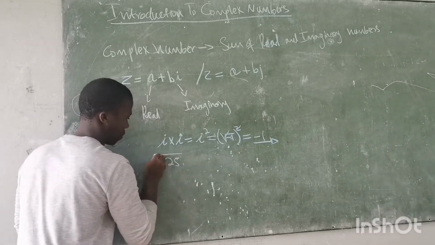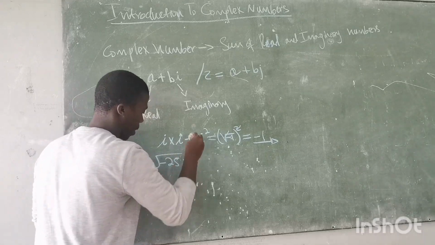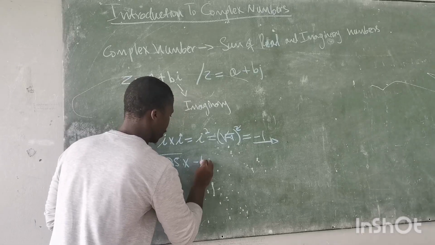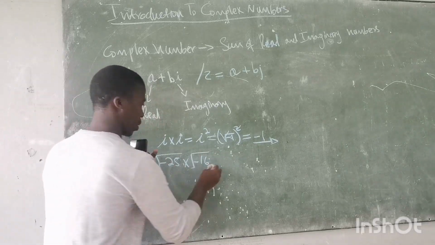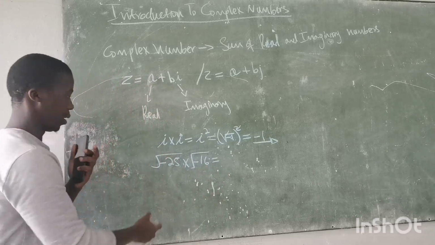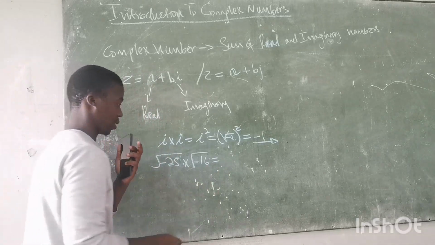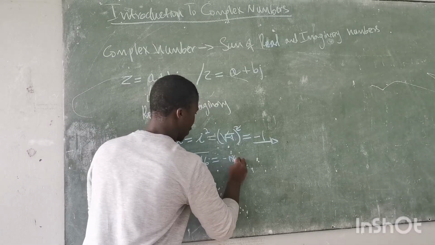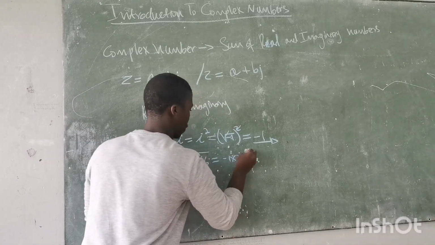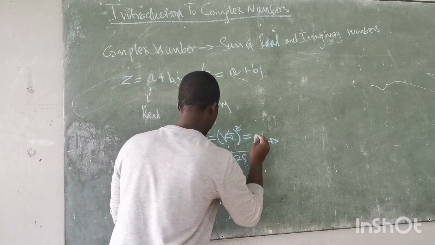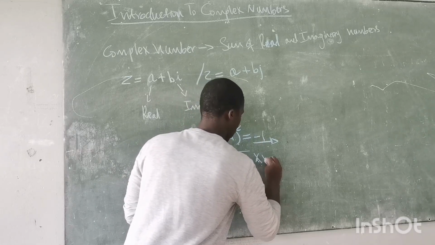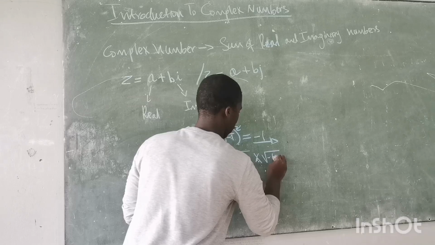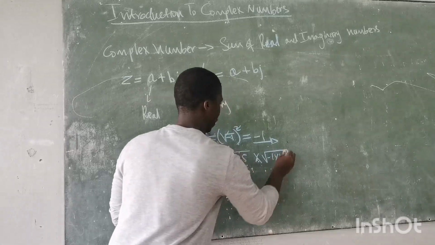So if I have the square root of negative 25 multiplied by the square root of negative 16, the solution is, first you need to know how to convert this. It's going to be the square root of negative 1 multiplied by 25, multiplied by the square root of negative 1 multiplied by 16.